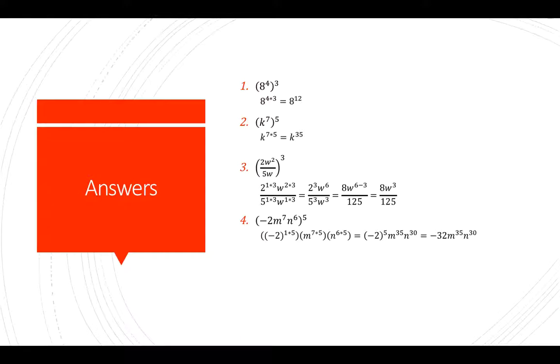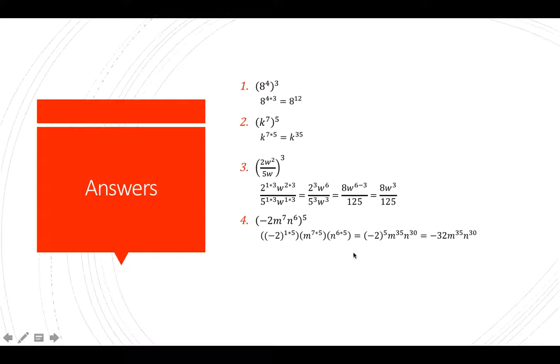Not just the 2, but the negative as well. Because that's saying I have negative 2 times negative 2 times negative 2 times negative 2 times negative 2. I believe that's 5 I said. And then we have m to the 7th times 5 and n to the 6th times 5.